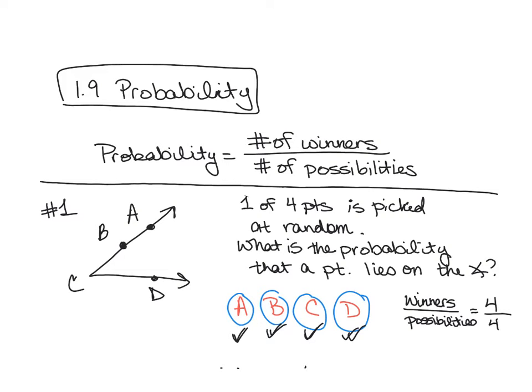Therefore, you have a 100% chance at picking a point at random that lies on the angle. So that equals 1 is your probability, or you could write it as 100%. Next problem.